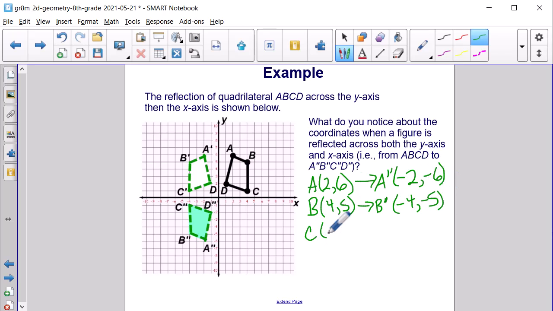Okay, point C is at 4, 1, and C double prime is at -4, -1. Point D is at 1, 2, and point D double prime is at -1, -2.